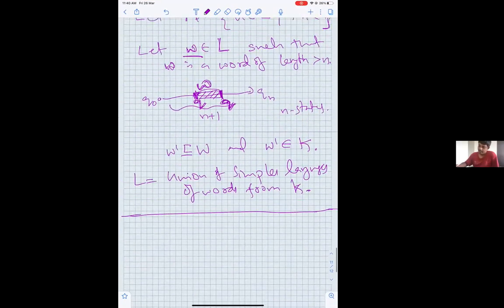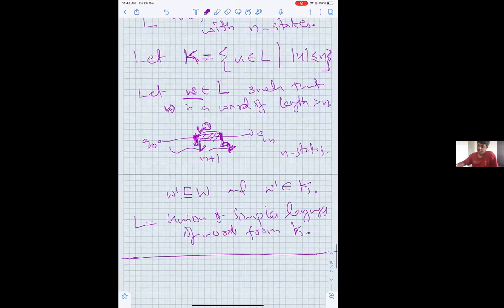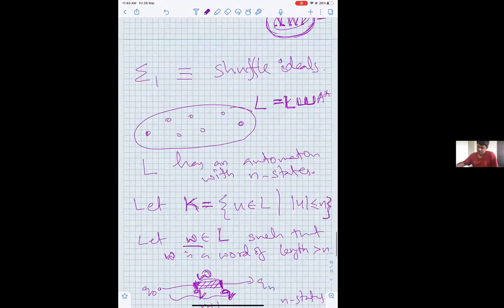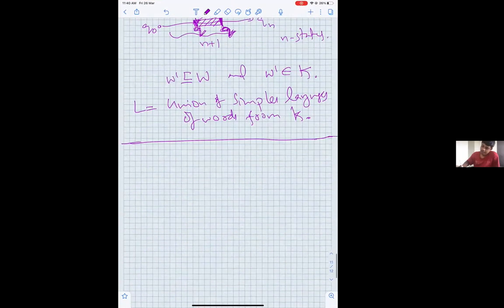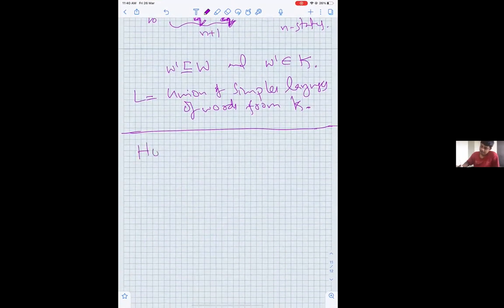No, there is no converse direction. I know that sigma 1 is shuffle ideals. My question is, can we have an algebraic characterization? Okay. How do I check? Or in other words, it is the decidability of sigma 1.